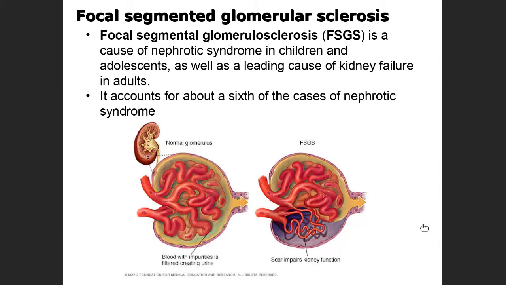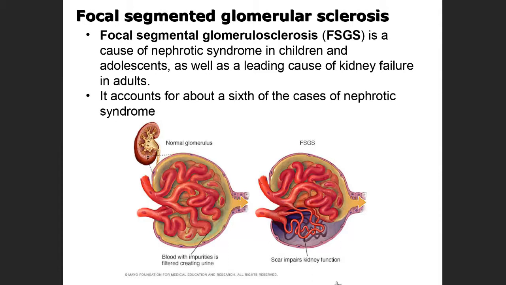When we're talking about nephrotic syndrome, nephrotic syndrome can be seen in children, and it can be seen in adults. So that's basically, in minimal change, the most common type of nephrotic. However, in membranoproliferative glomerulonephritis, you will see it in adults.